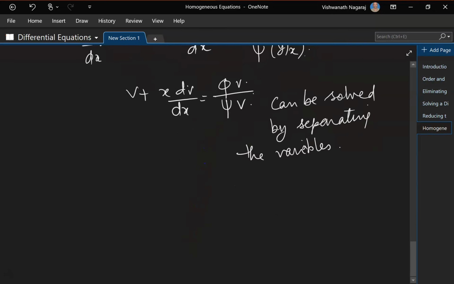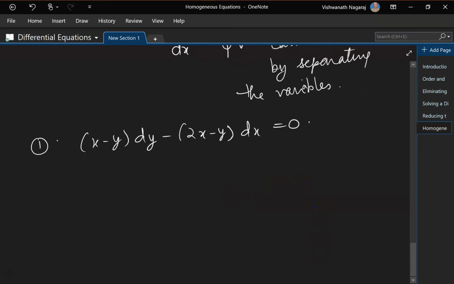Let's actually see how it works by solving one or two problems. (x minus y) dy minus (2x minus y) dx is equal to 0. Now this is a differential equation. What we want is to figure out the function which, when we differentiate, we get this.